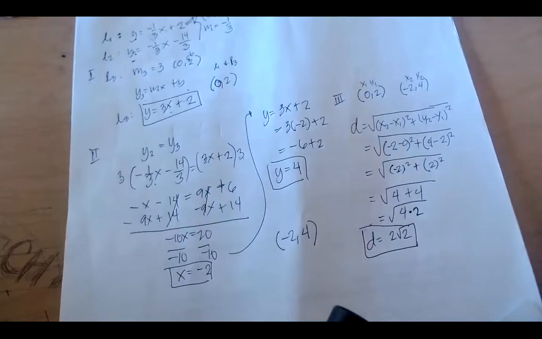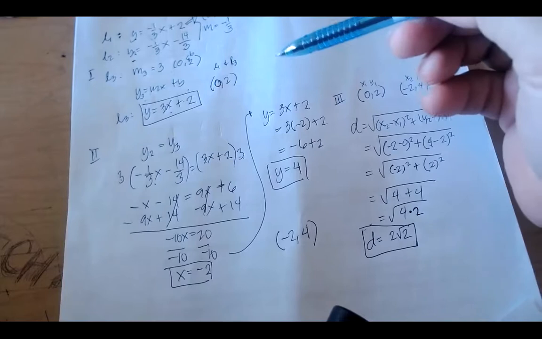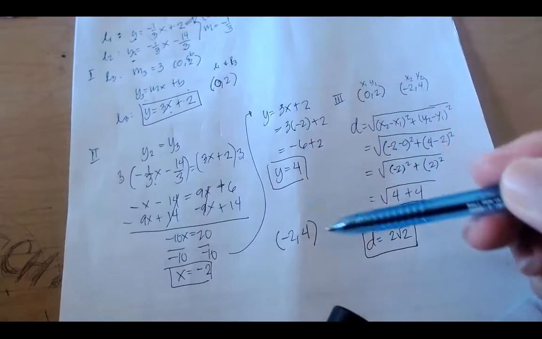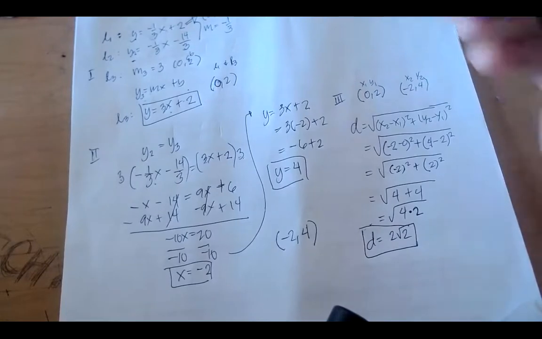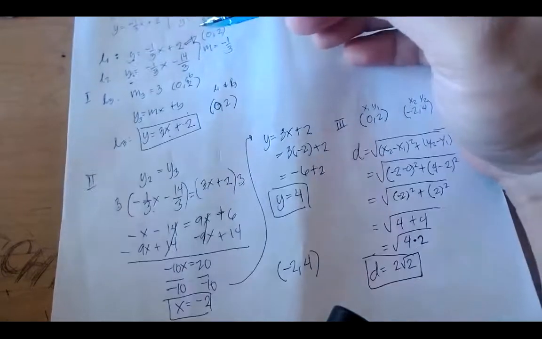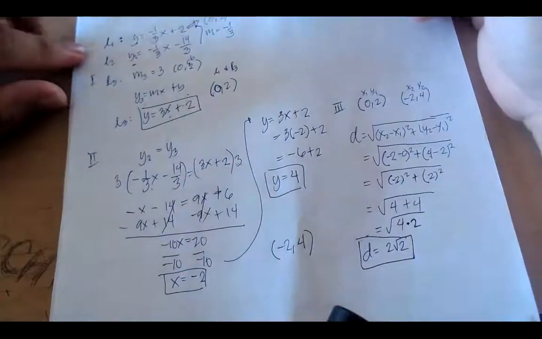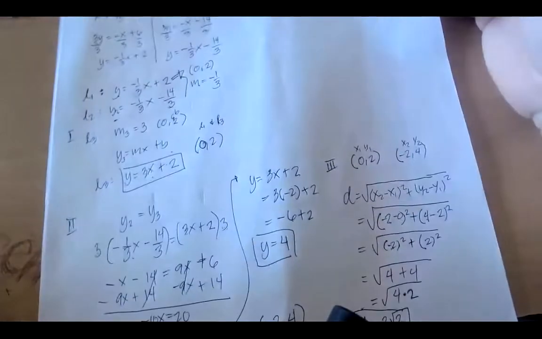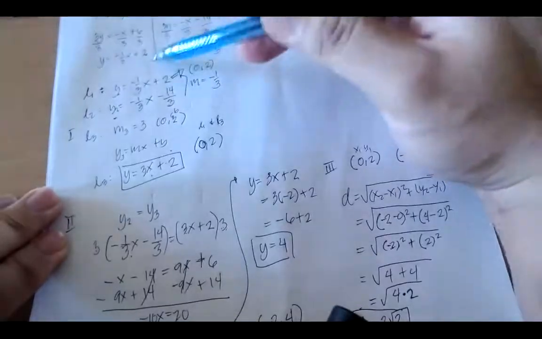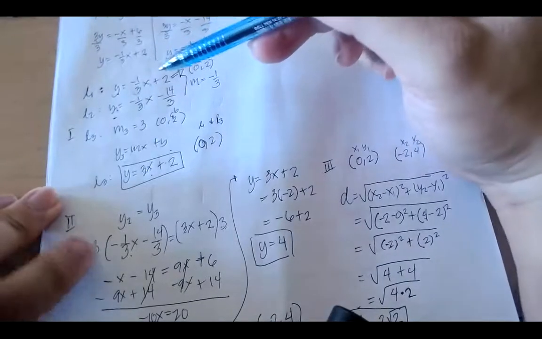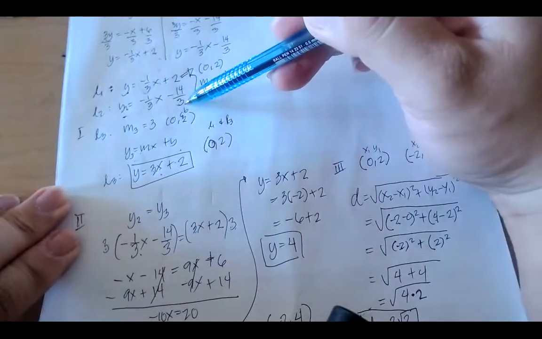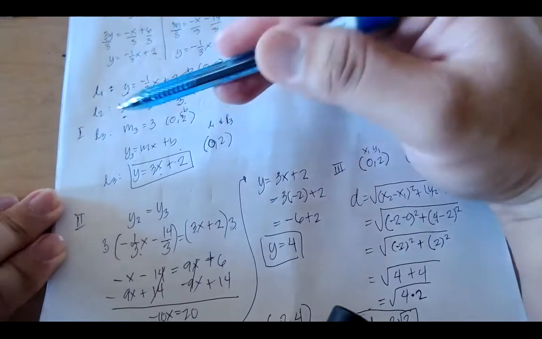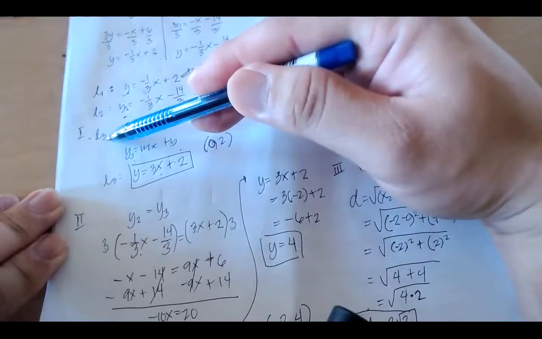So make sure you understand each step. Don't skip and don't go to the next step if you don't understand it, because it's kind of a long process. Again, let's go back. First, from the given equation, if it's not in slope-intercept form, you have to write it in slope-intercept form like this one. So from those equations, we have line 1 and line 2. Our first step is to create an equation for line 3.